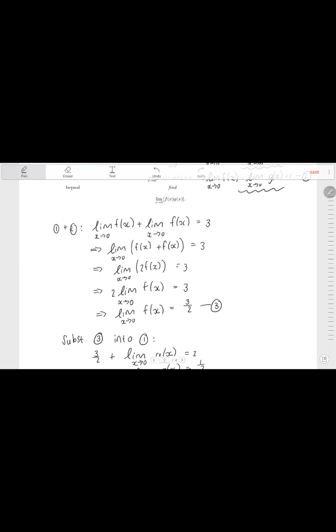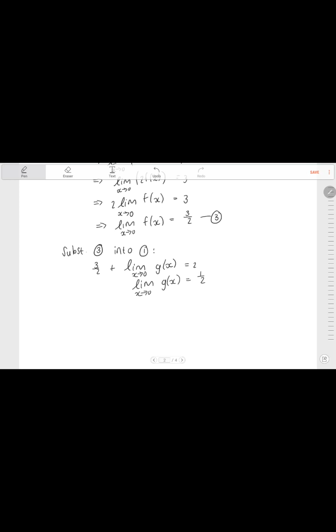We were asked for the limit as x approaches 0 of the product. So we have the limit as x approaches 0 of the product of f of x and g of x. And we know that we can write the limit of a product as the product of the limits.